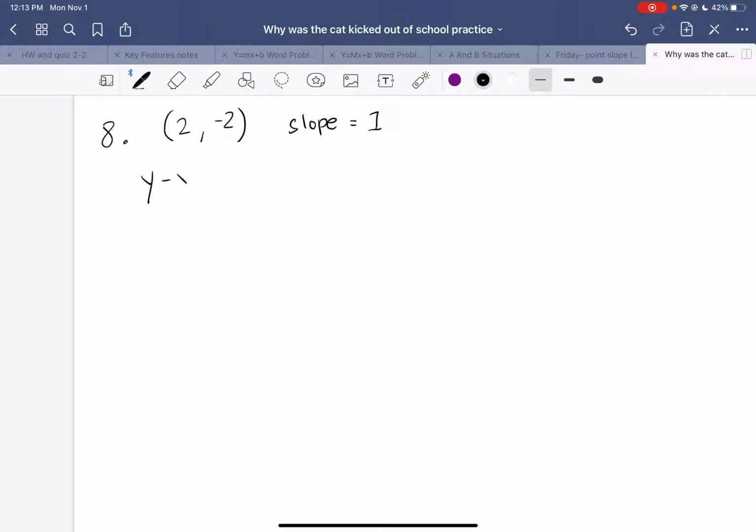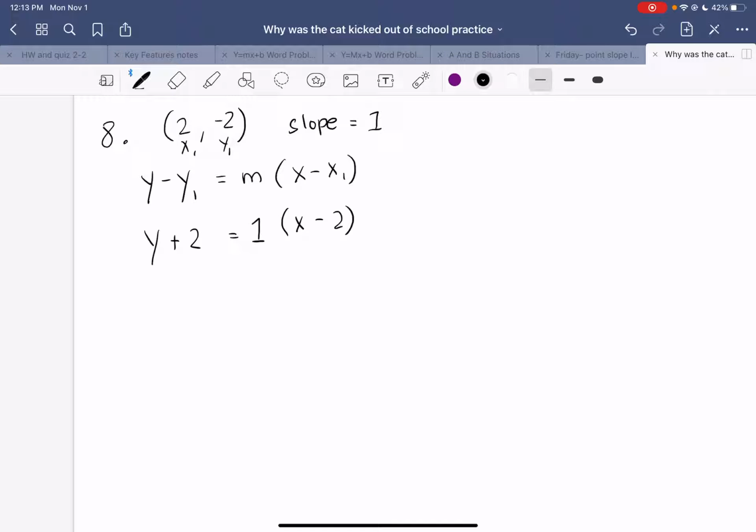So y minus y1 equals m parentheses x minus x1. So now we're going to substitute. We have x1 and y1. So we'll have y minus a -2. So when we subtract a negative, I'm going to go ahead and just simplify that to y plus 2. And that's equal to m, which is 1, times x minus x1, which is a 2.